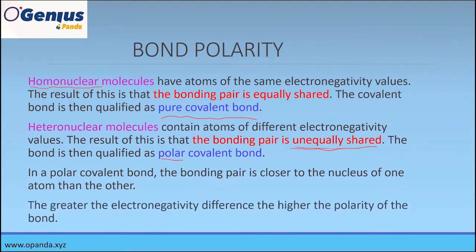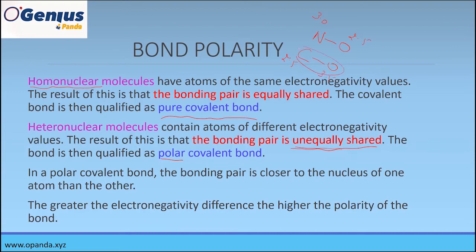The greater the electronegativity difference, the greater the polarity of the bond. So if the electronegativity difference is very small, let's say we have a nitrogen-oxygen bond, it's 3.0 and 2.5, and we have a carbon-oxygen bond, we have 2.5 and 3.5.